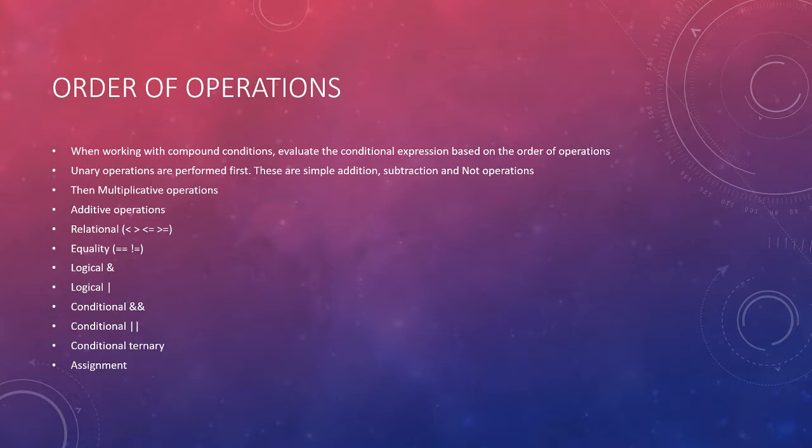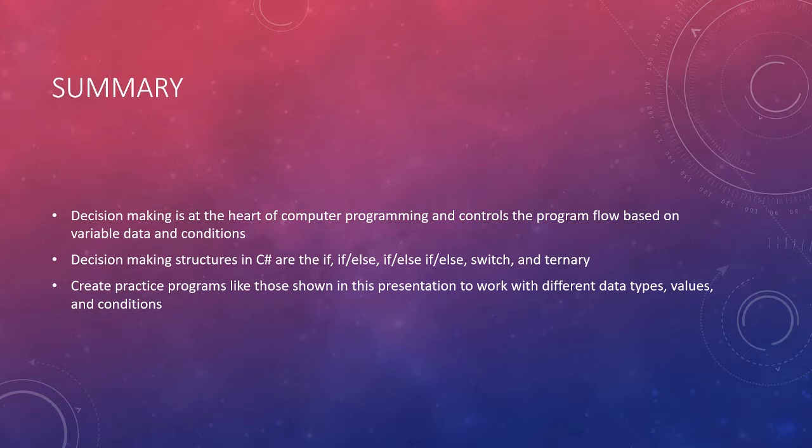Then multiplicative, which would include dividing, add and subtract operations that are more than one operator, our relationals, greater than, less than, our equality comparators, our logical and or, our conditional and or, our conditional ternary, and lastly, our assignment statements. So remember, always use parentheses to clean things up and make sure things happen in the right order. Even if your order of operations would be correct, it's nice to use parentheses to document that.